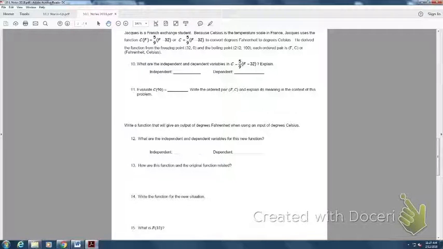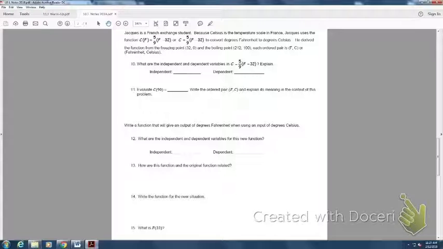He derived the function from the freezing point (32, 0) to the boiling point (212, 100), ordered pairs. You're killing it. The ordered pair is (F, C), or Fahrenheit, Celsius.